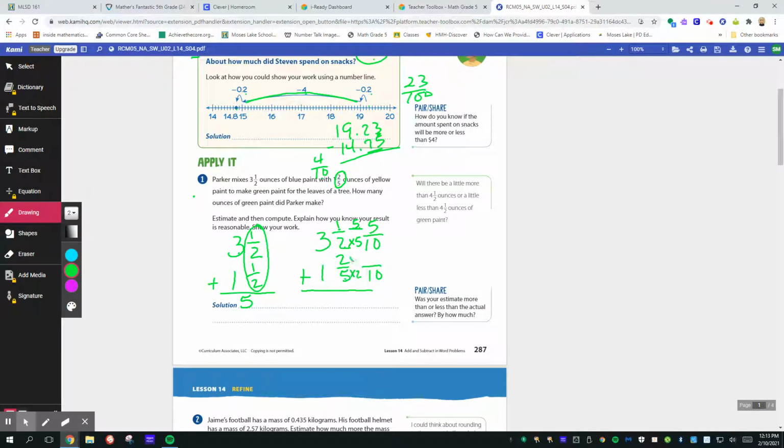So 2 times 2 this time, that's our 1. 2 times 2 is 4. So 5 and 4 is 9 tenths. Isn't that really close to 1 whole? And 3 and 1 is 4. So 4 and 9 tenths is our whole amount, which is close to 5. So we know that we're in the right ballpark. And that's important if you have to buy paint, to know to buy the right amount, right?